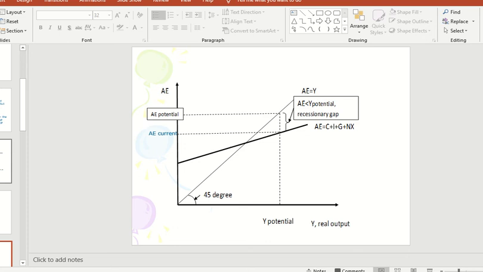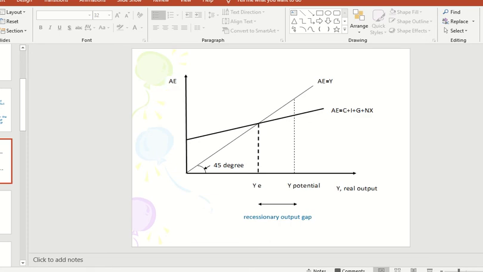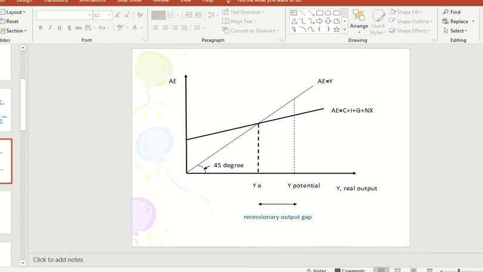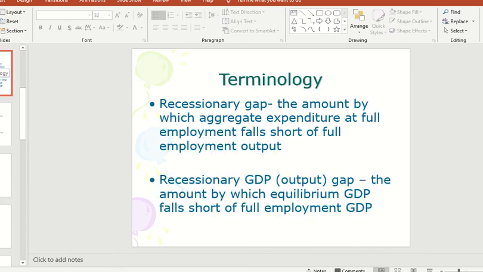Now let's go back to the definition. Recessionary gap. That's the amount by which aggregate expenditure at full employment falls short of the full employment output level.